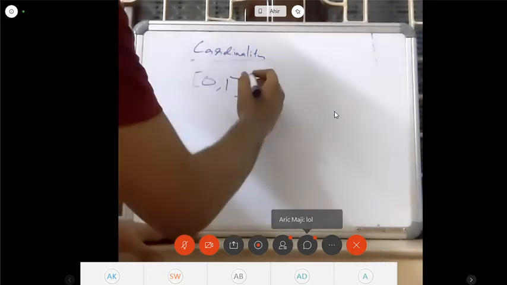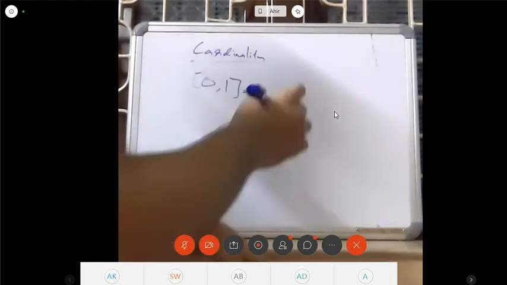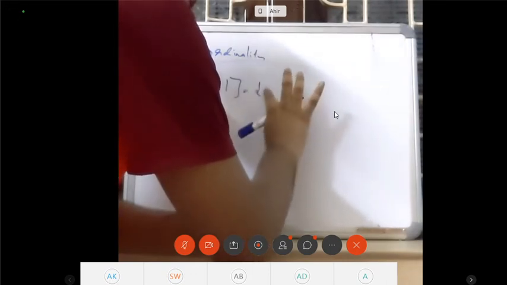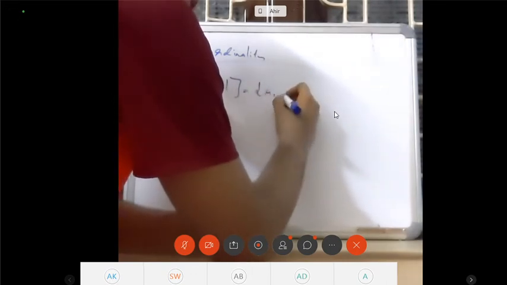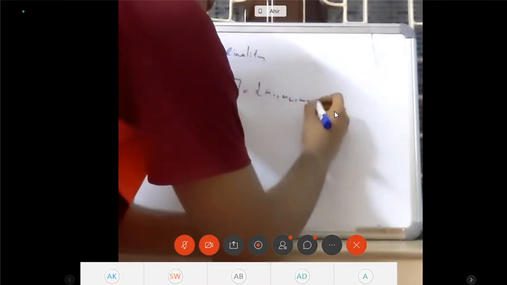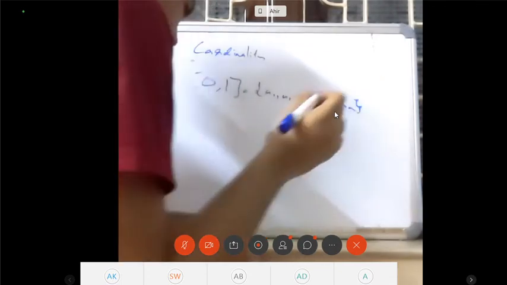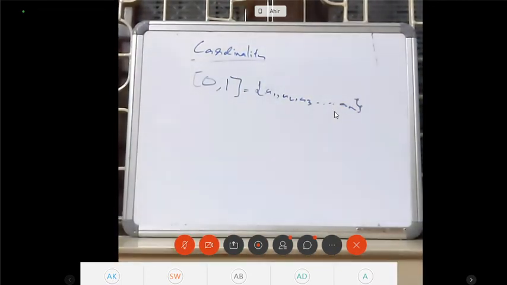Now suppose that this consists of, say, A1, A2, A3, up to An. Now we'll write all of these in binary.